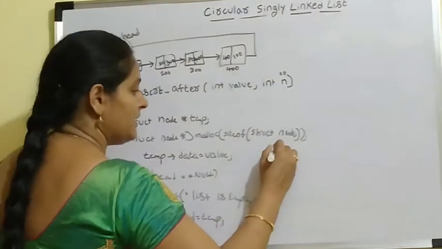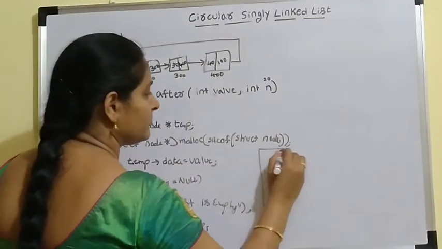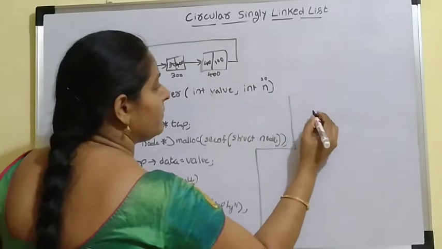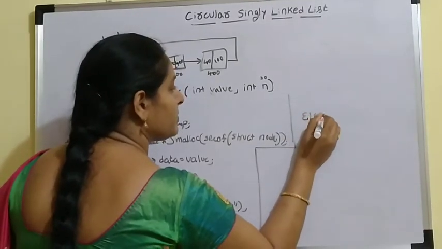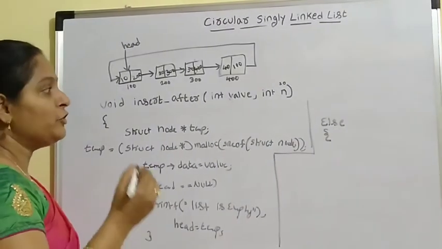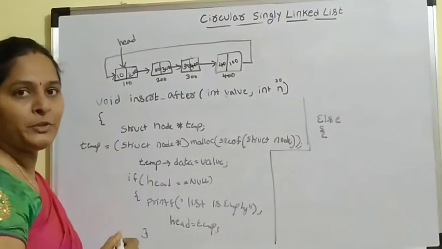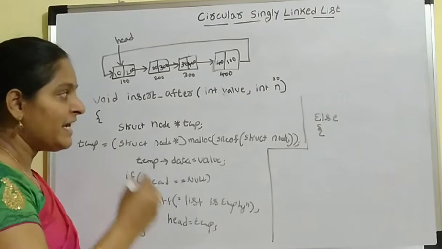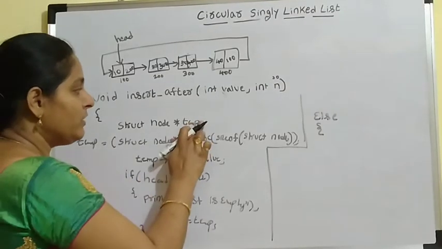If the list is not empty, then what we need to do is, we need to find out after which element we need to insert. So for finding that element, I need to take one extra pointer.